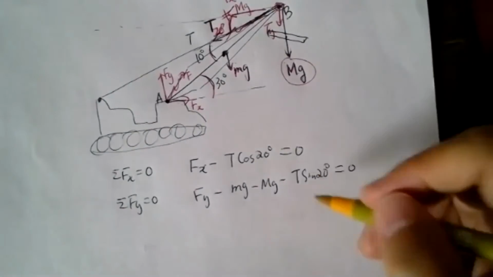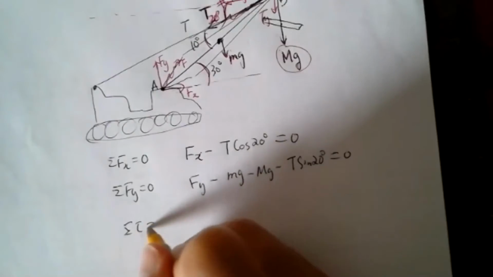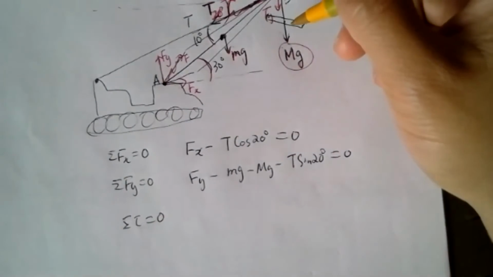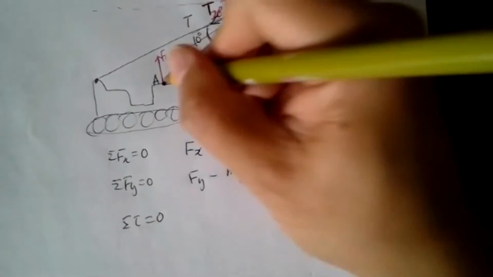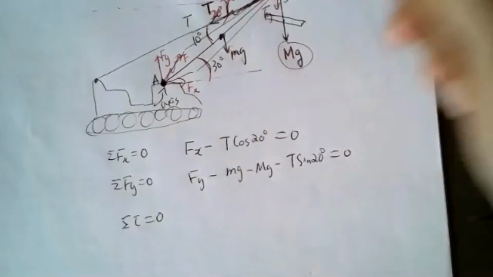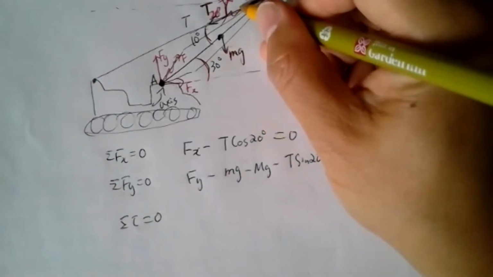So 2 equations, and then the third equation will be net torque equal to 0. I think the best way to do it is to take this point as your axis of rotation. Then you'll have this, this, and this.